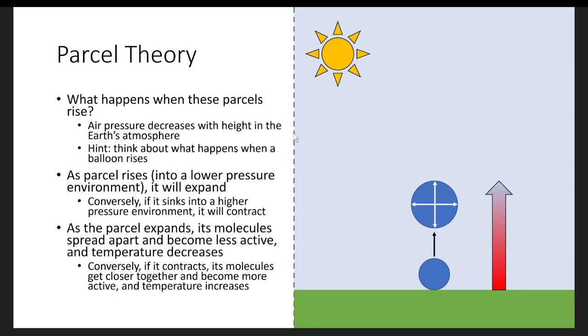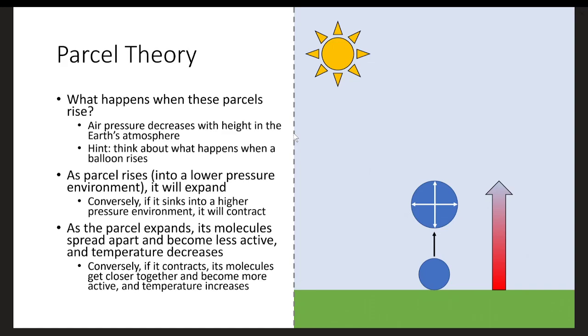So decreasing the pressure of something or expanding it and making it less dense is going to cool it off. But if you were to flip this around and push it towards the ground, all of these little molecules inside of it are now being forced to rub together and hit each other.